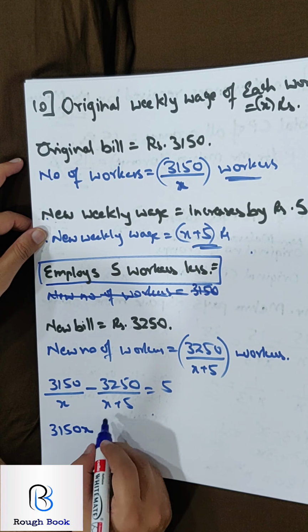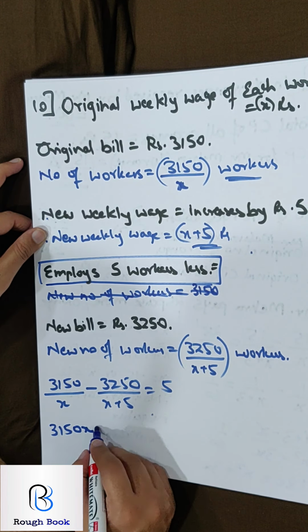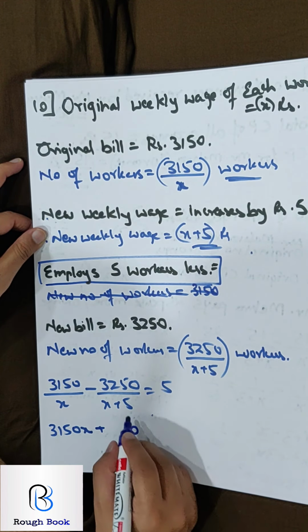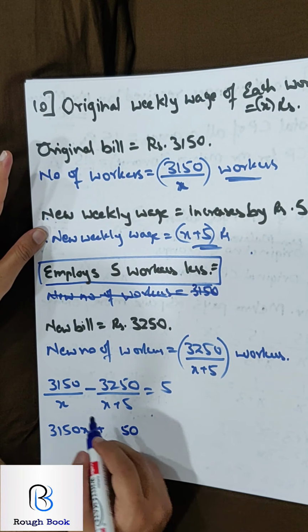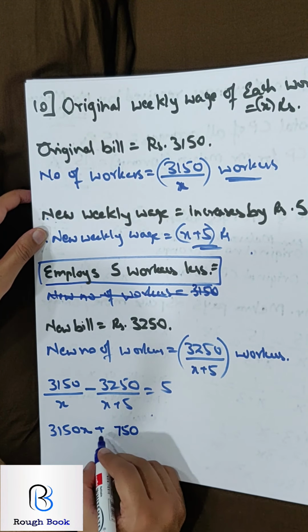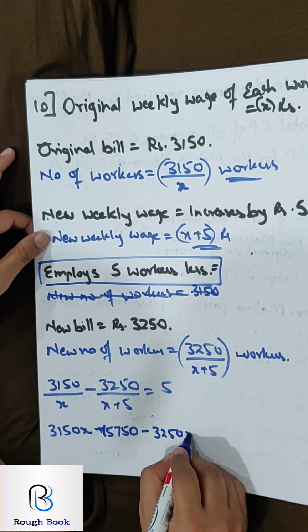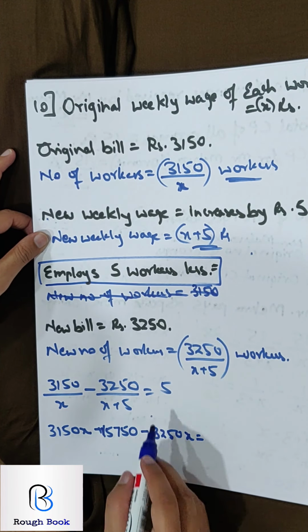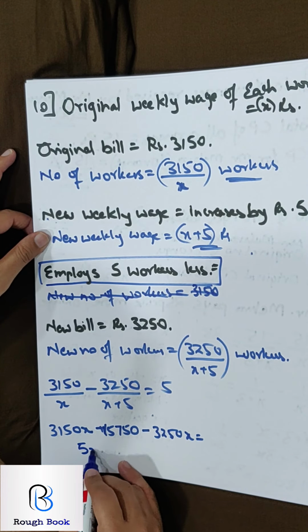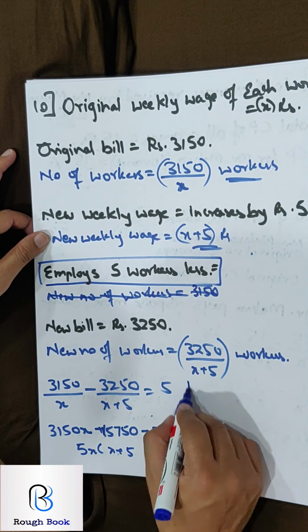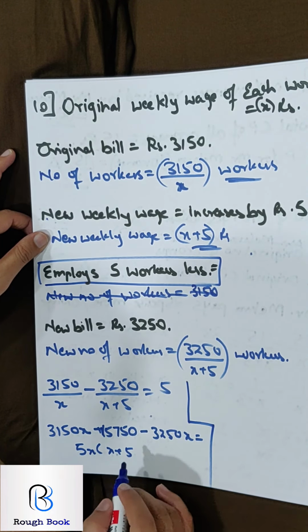3150x, yeah, plus 5 zeros are 0, 5 5s are 25, 5 ones are 5, 6, 7, 5 threes are 15, minus 3250x equals 5x into x plus 5. Yeah, so what happens then?